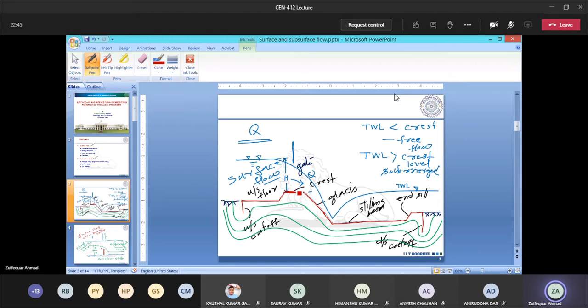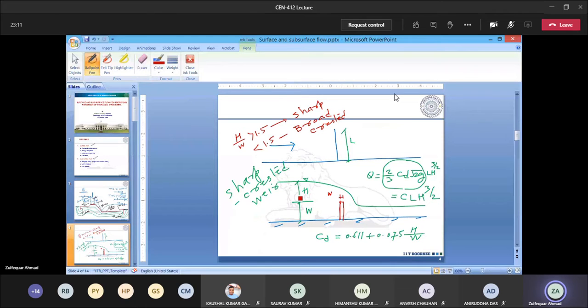So to have a gate, of course you can't make this sharp. This may be 5 meters, 6 meters, 4 meters, such is the order of magnitude that we provide. So in most cases this is a broad crested weir. Once we are talking about the structure, we only deal with the broad crested weir, right?